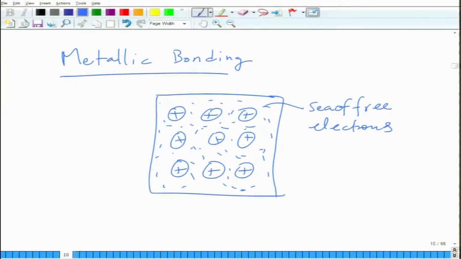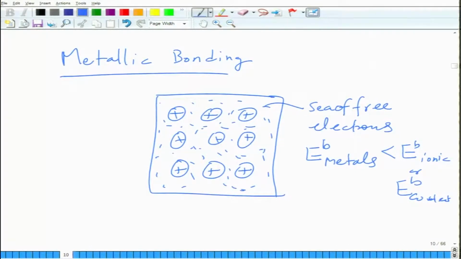And because this is a sea of free electrons, there is no such ionic or covalent kind of bonding. The bond energy, let us say I write it as EB, of metals is lower than typically EB of ionic or covalent. It is not always true, but in most cases it is true.